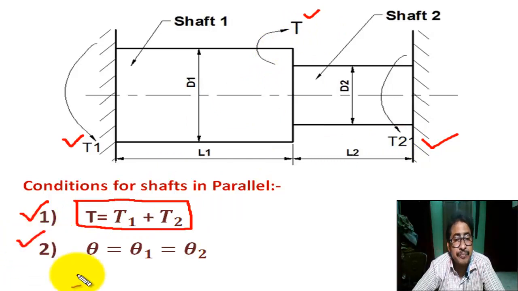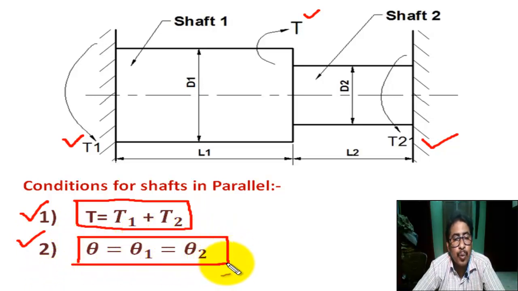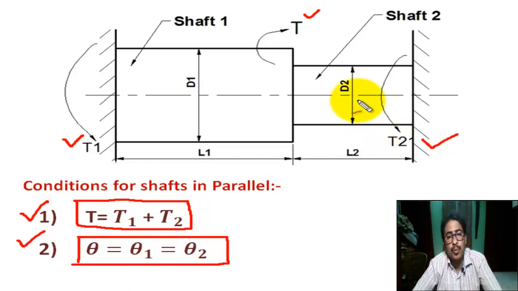And the second condition, angle of twist theta equal to theta 1 equal to theta 2. Theta 1 is the angle of twist for shaft 1, theta 2 is the angle of twist for shaft 2.